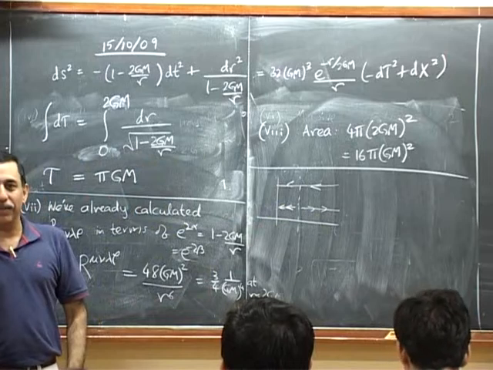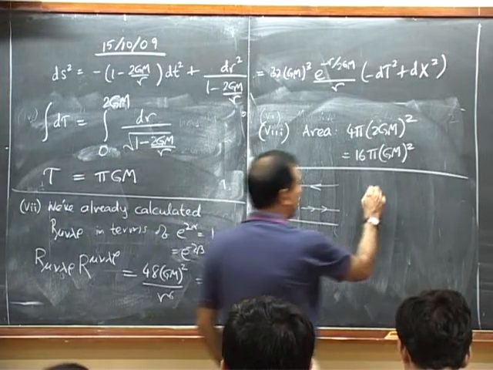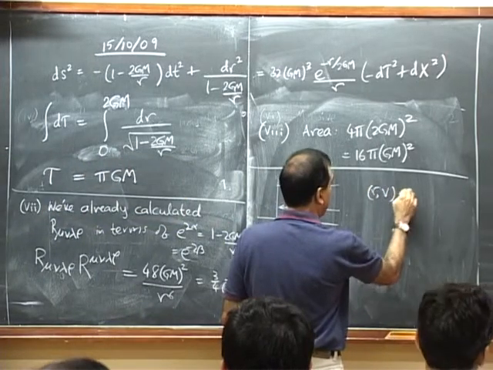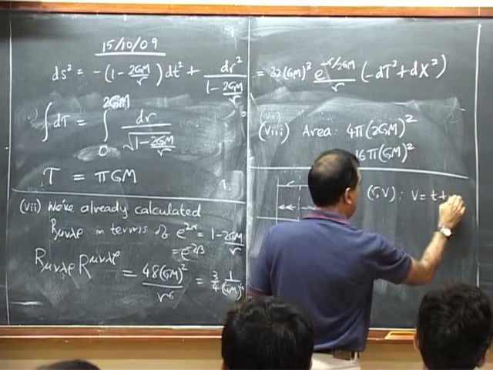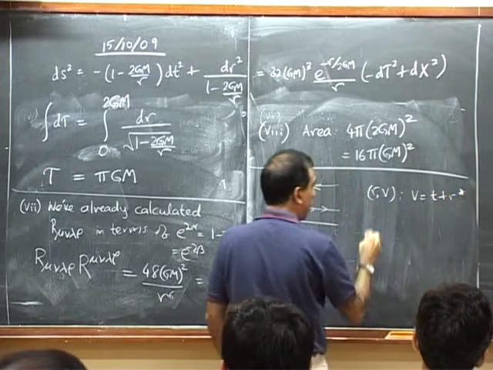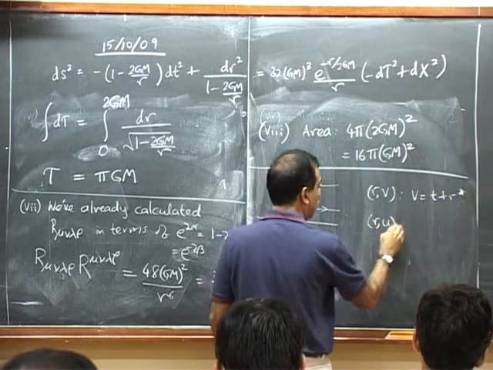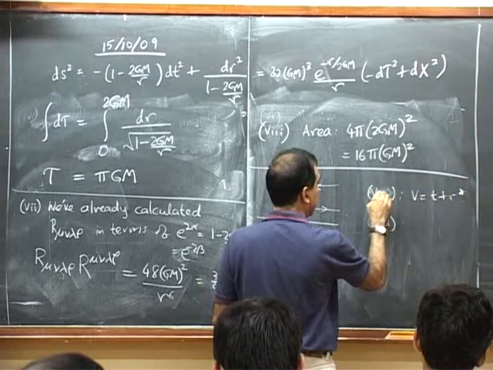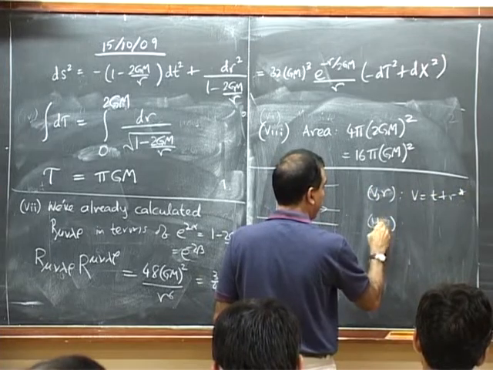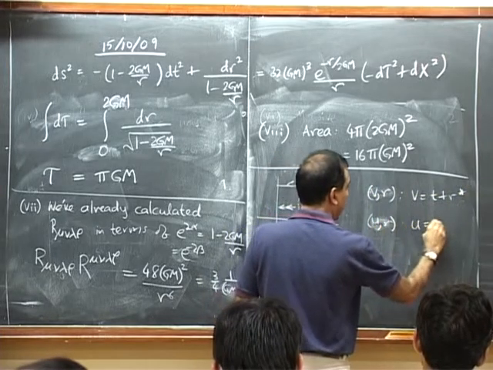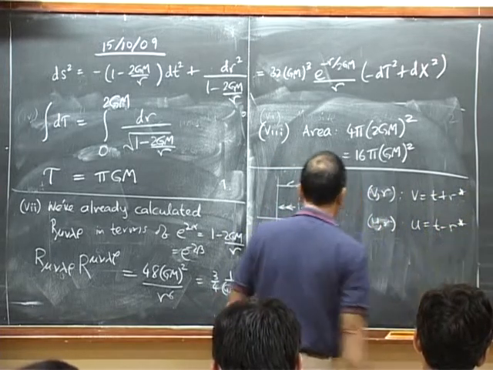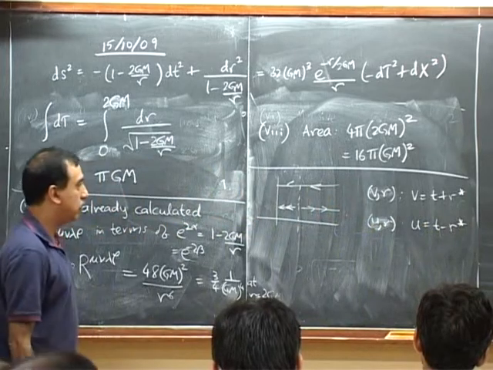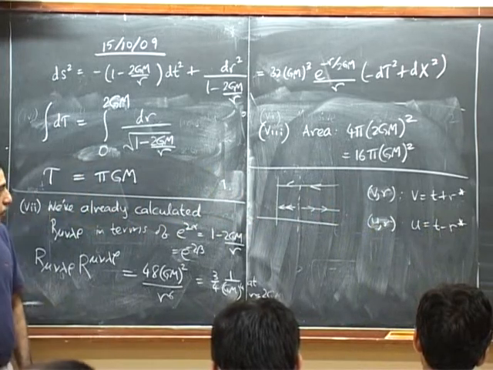You don't think so? I used v and r, where v is t plus r star. But I can also use r and u, actually I should put this first because it's the time, where u is t minus r star. And I should ask what happens in that case.